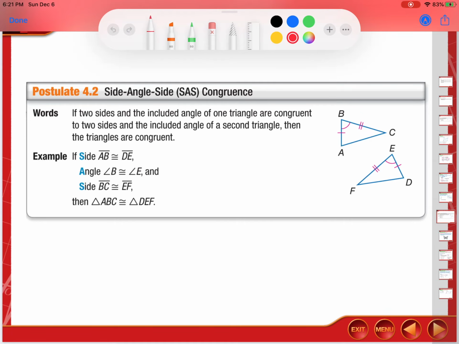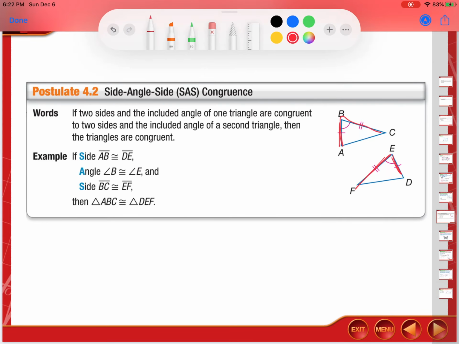So what SAS says is if you have two sets of sides that are congruent and corresponding, and the included angle is also congruent, then the triangles are congruent by that standard.